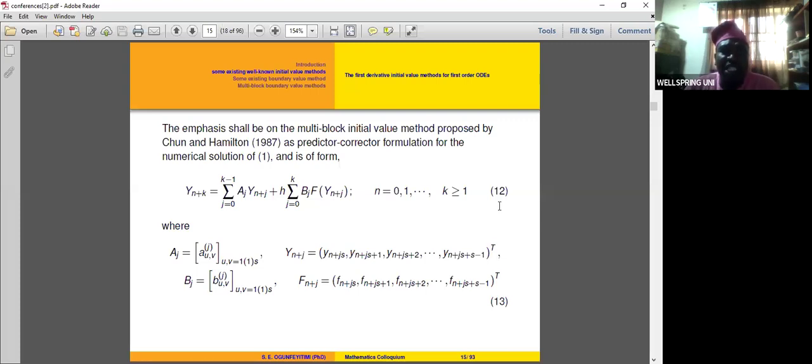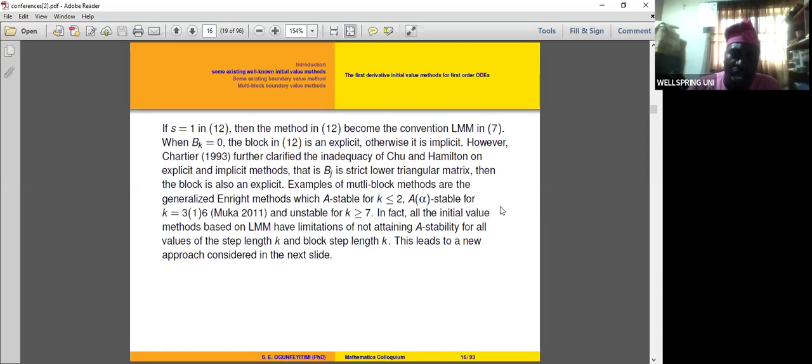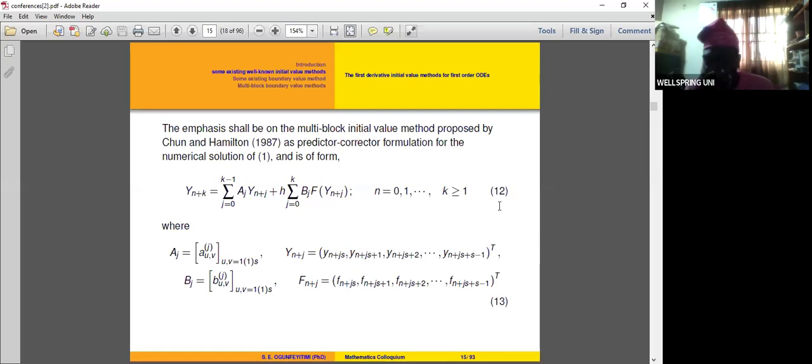Hamilton, who developed the multi-block initial value method as a form of predictor-corrector, given in equation 12, where the coefficients a_j and b_j, the solution values y_{n+j} and the function values f_{n+j} are given in equation 13. We know that from equation 12, when we set s equals 1, it will give us the conventional linear multistep method back.